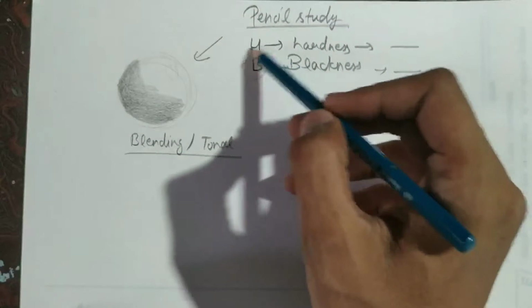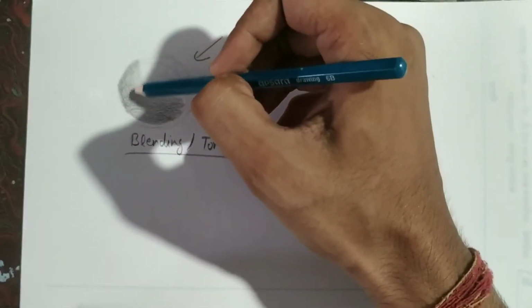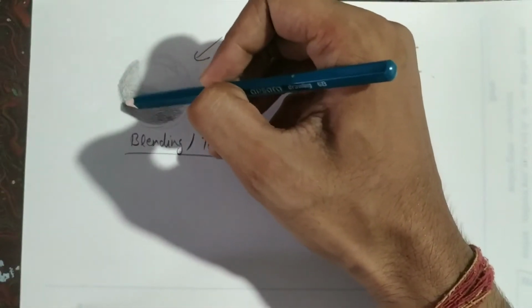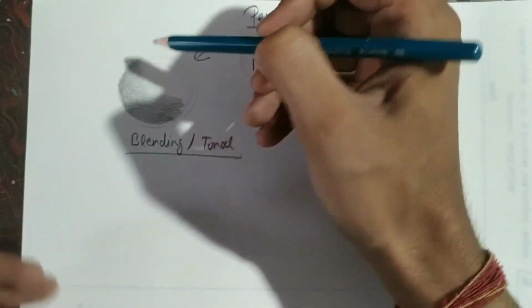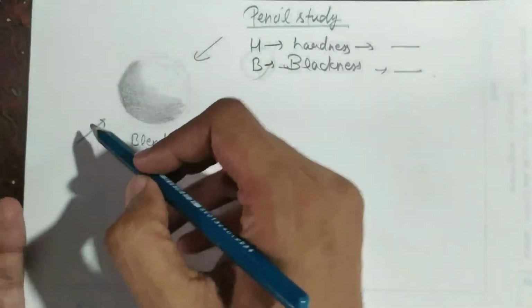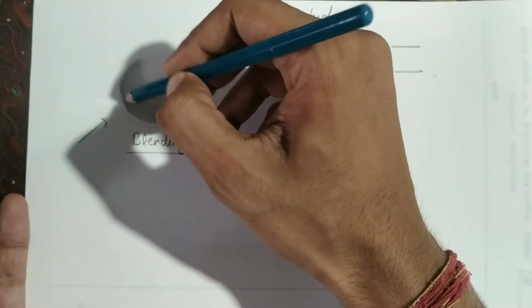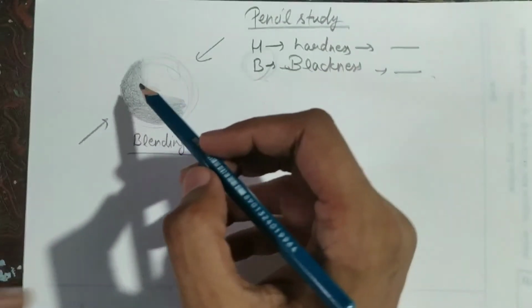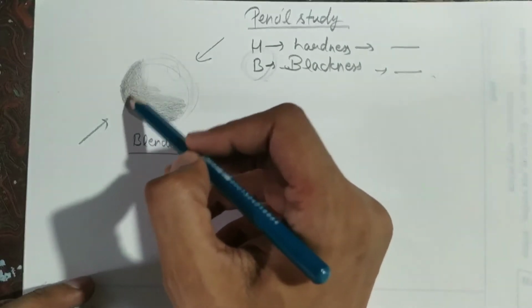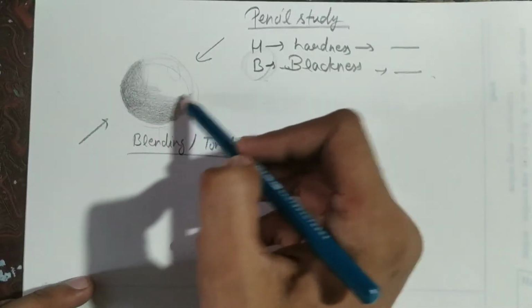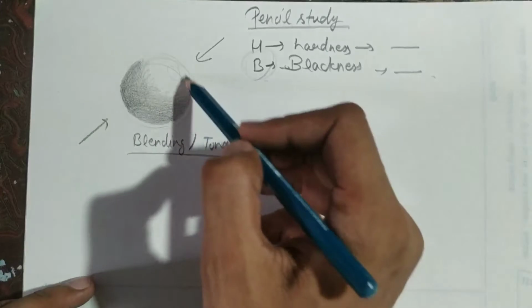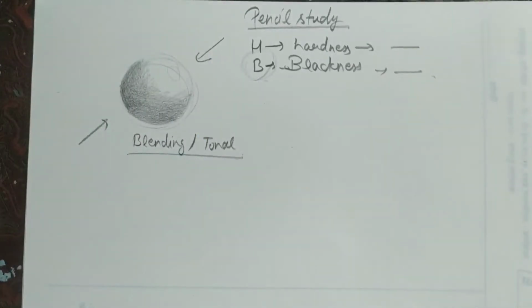Like dark pencils we consider as B series pencils, so you can take 4B, 6B for this area. Moving from this portion, left hand side to the right hand side, the shades become dark to light. Okay, as you can see here. And for this area, you can take any light pencil.